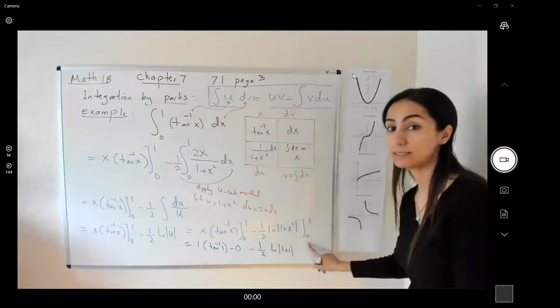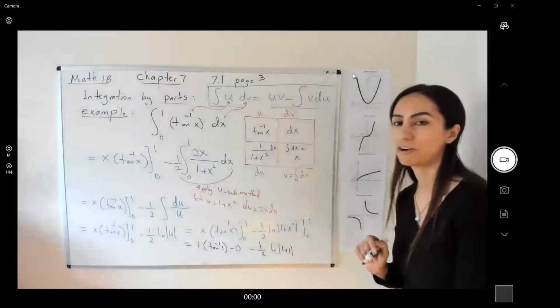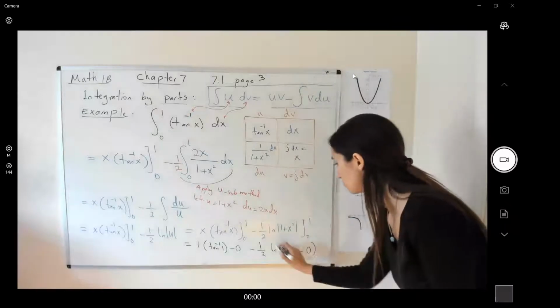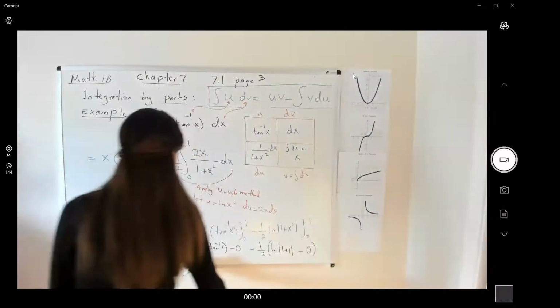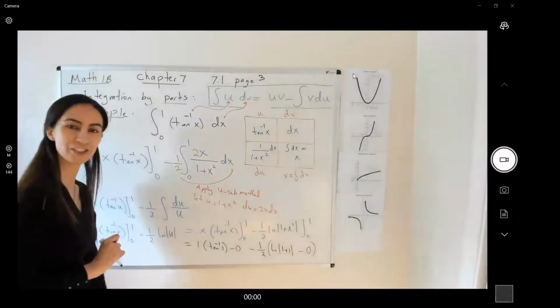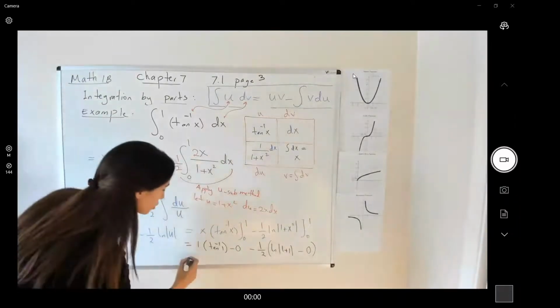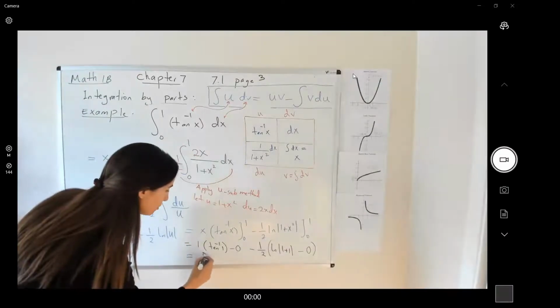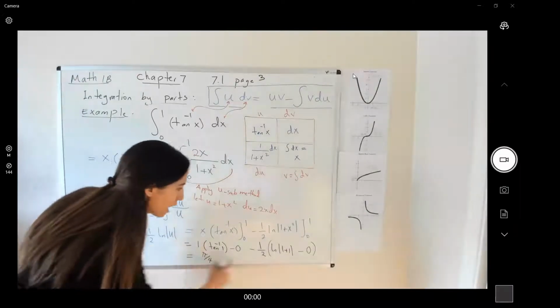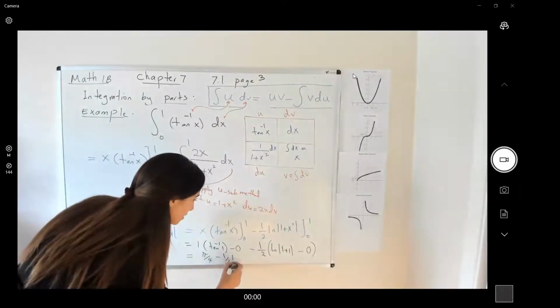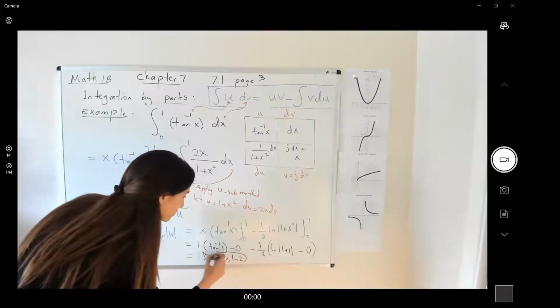And if I plug in 0, I get ln of 1, which is 0. Inverse tangent of 1 is pi over 4. So I have 1 times pi over 4 minus a half ln of 2.